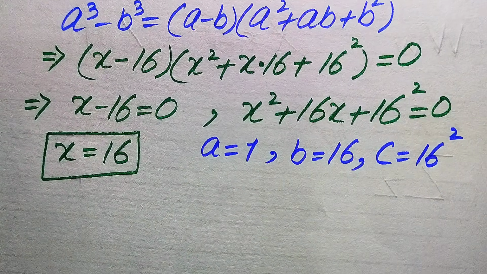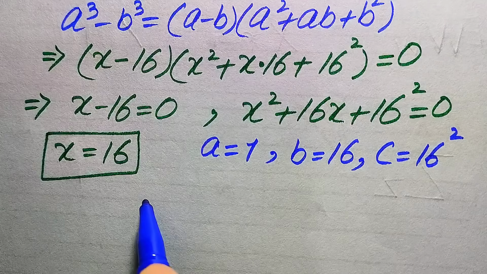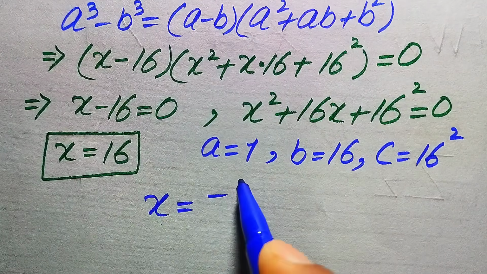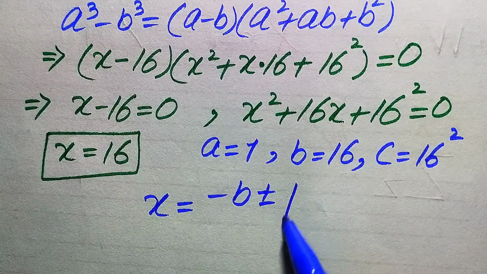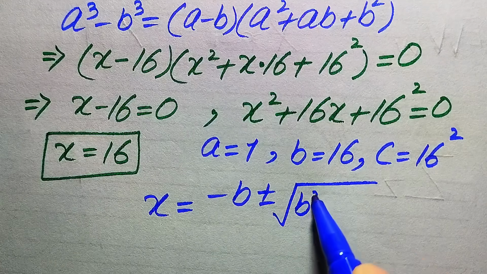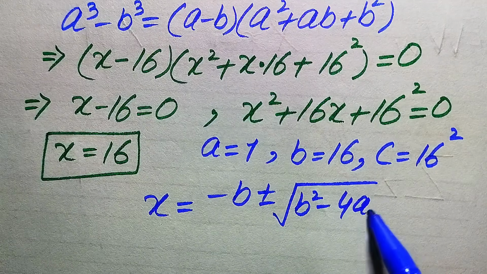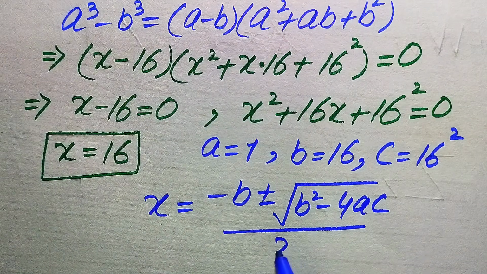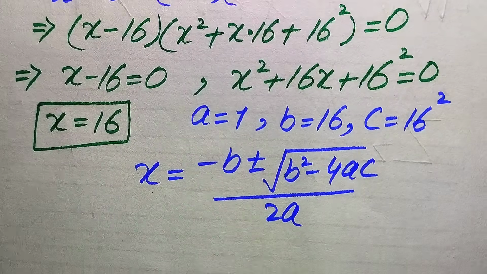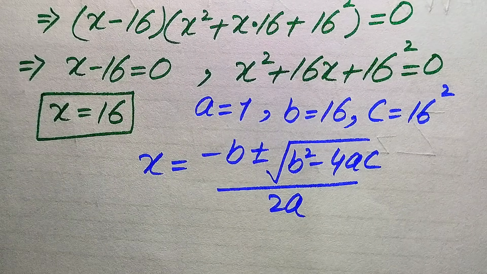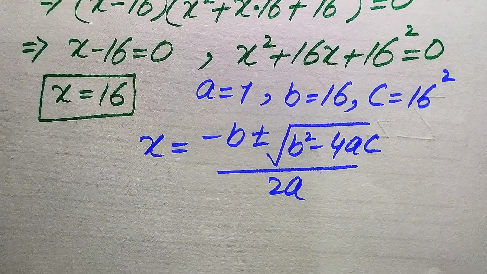Okay, so further we state the quadratic formula as x equals minus b plus minus square root of b square minus 4ac, divided by 2a. So this is our quadratic formula, and here we need to substitute the above values of a, b and c.